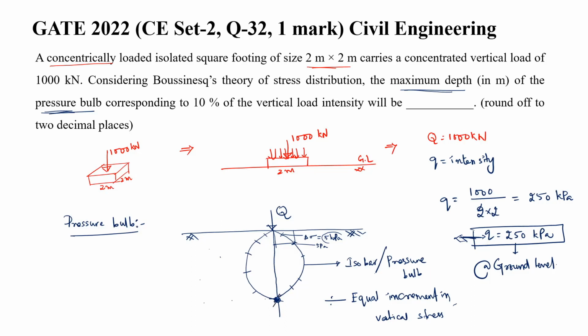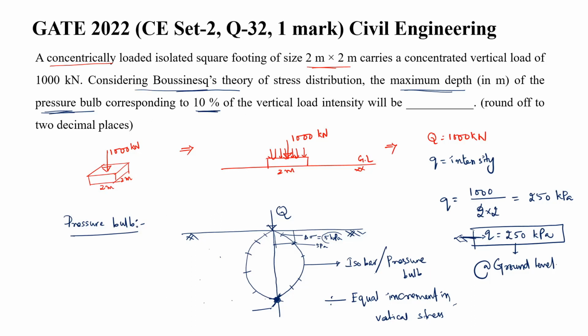So this should be said as the maximum depth in this pressure bulb or isobar where equal increment in vertical stress happens. So considering the Boussinesq theory of stress distribution, the maximum depth of the pressure bulb for 10% of the vertical load intensity.